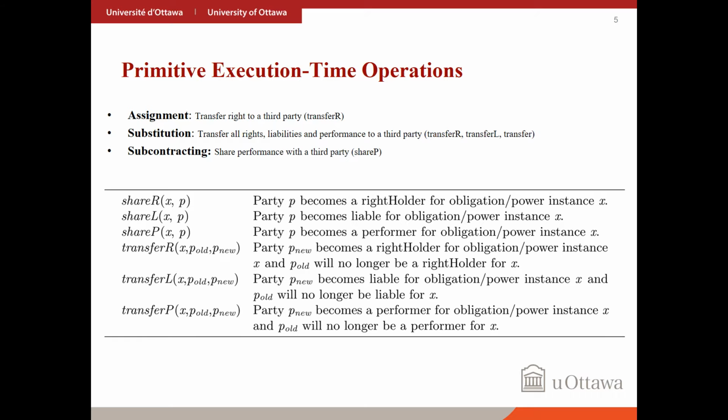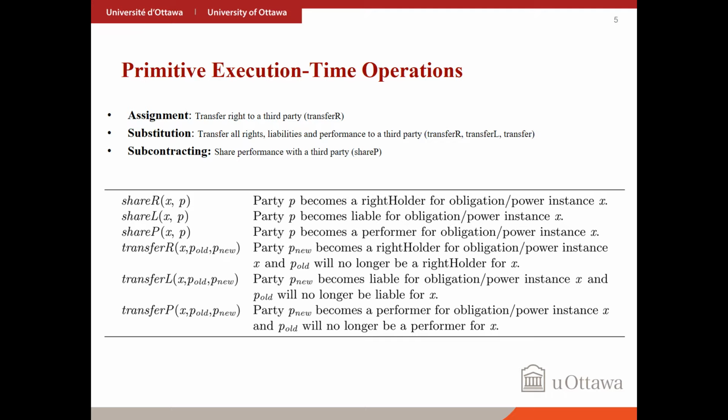The actions underlying these operations are categorized as sharing or transferring right, responsibility, or performance of parties. For example, assignment transfers right to the new party. Substitution transfers all right, liability, and performance to a third party, and subcontracting shares performance with a third party.